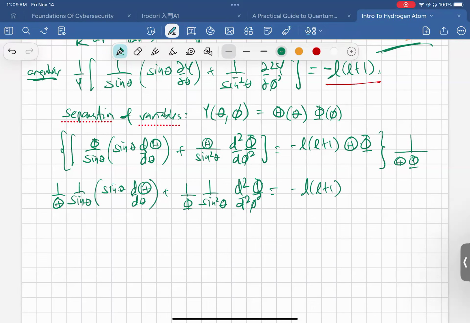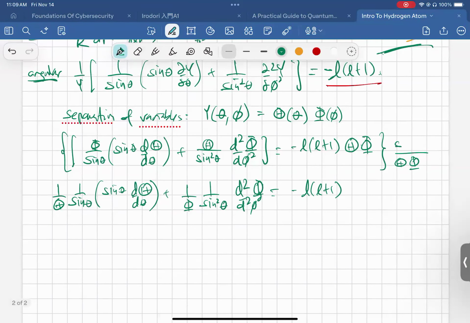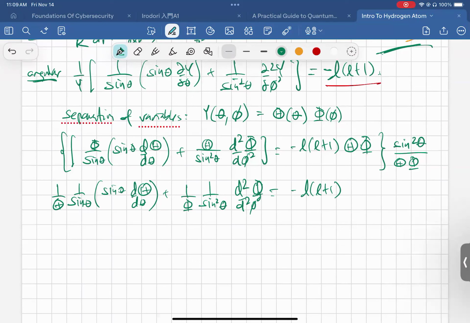But we also need to multiply it by sine squared theta, okay, para ma-cancel ito, or para matanggal natin ito at malipat dun sa kabila. Okay? So, then this will become sine theta, tapos ito mawawala. Okay, magka-cancel. So, plus, ano na lang to, 1 over capital phi. Okay?